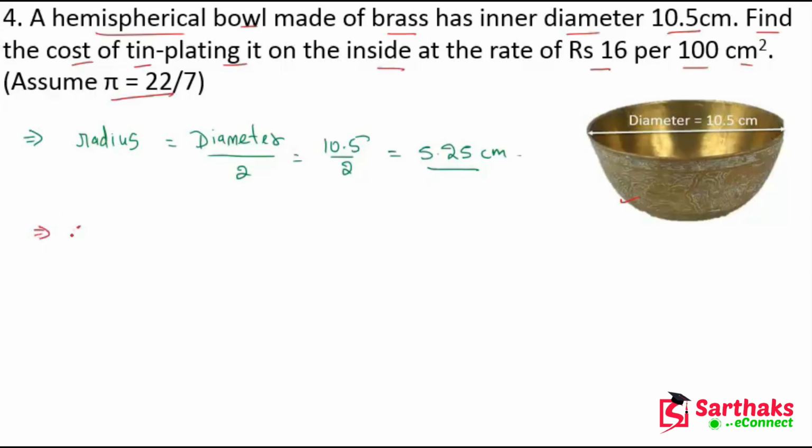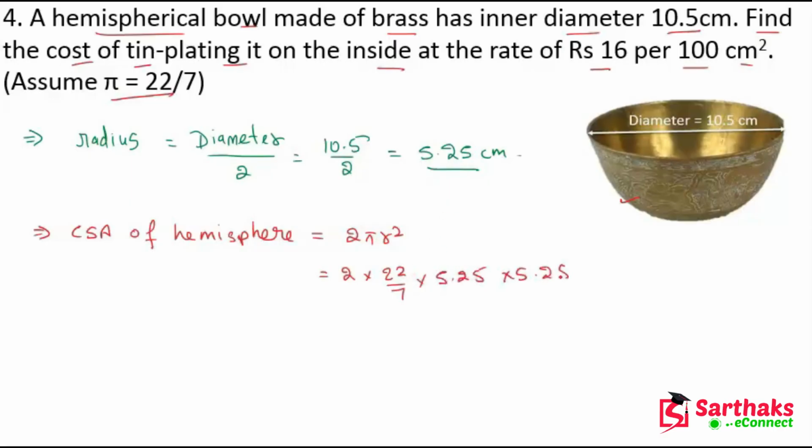Now CSA of hemisphere is 2 pi r square. So here is 2 into pi, which is 22 upon 7, into r, which is 5.25 into 5.25. After solving this, here we get 173.25 centimeter square. Yes, this is in centimeter square. So this is the CSA of hemisphere.